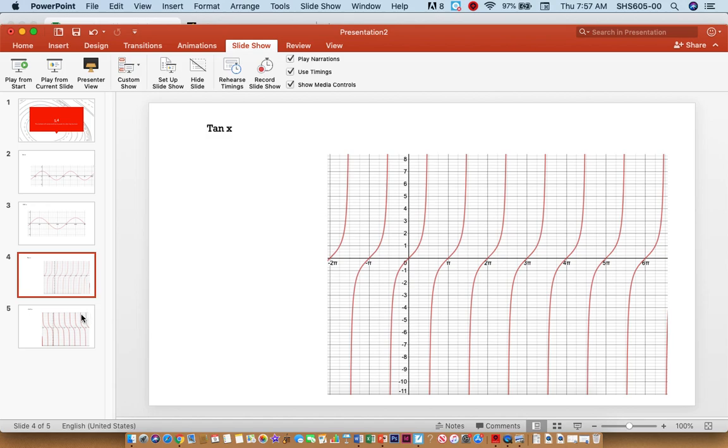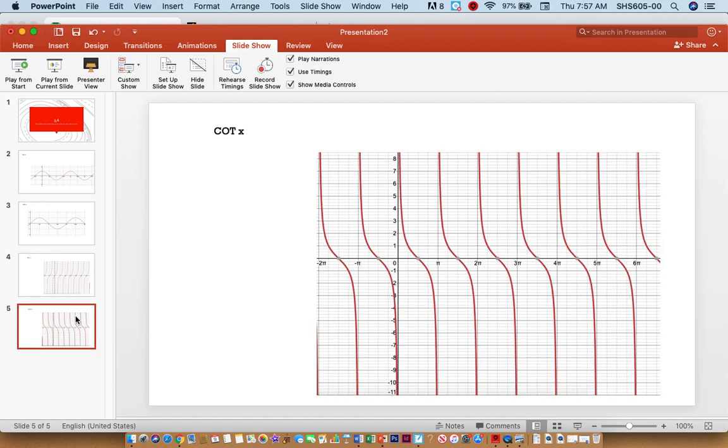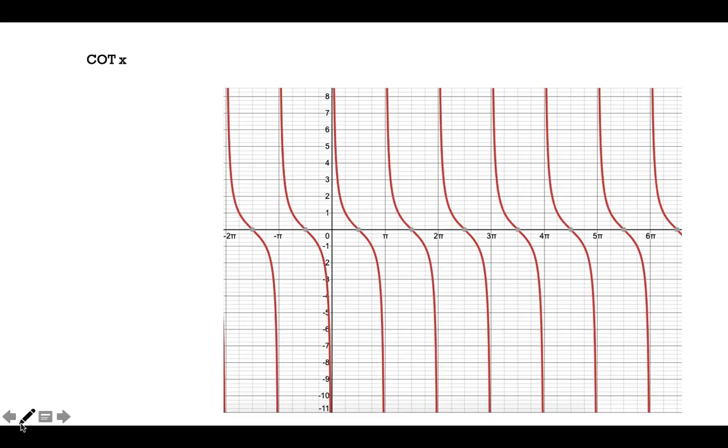Well, the last one we got to do is cotangent. So the reciprocal of tangent equals 1 over tangent of x. So we need to know when tangent is 0. Okay? And that was, tangent equals sine over cosine, so when sine was 0.